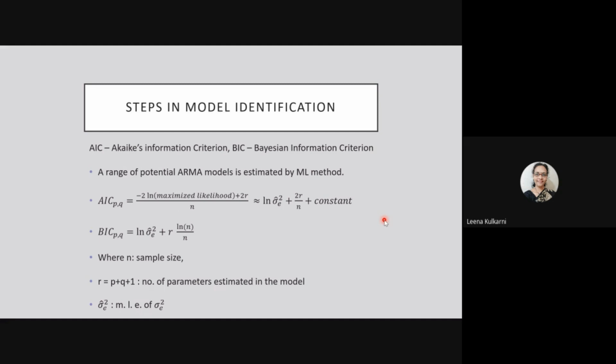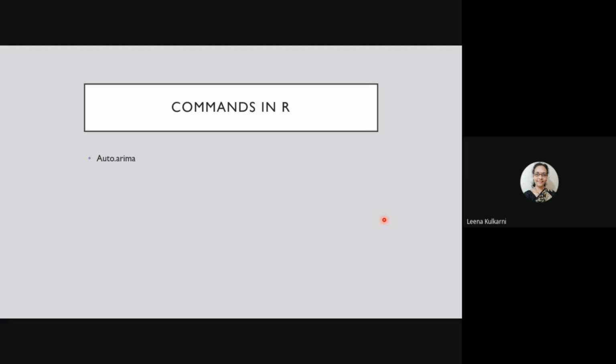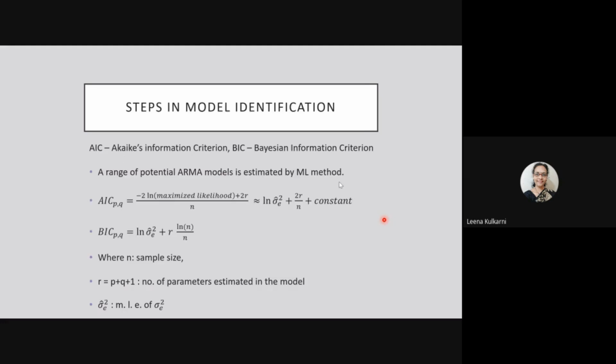In R also, we will look at some examples, and there you will see that these AIC and BIC values are provided by the software. So if you have, say, 2-3 different candidate models, you need to pick the model which gives you the minimum AIC value.